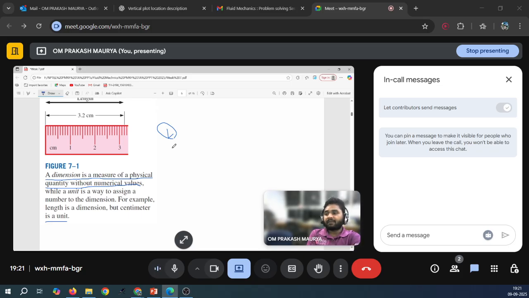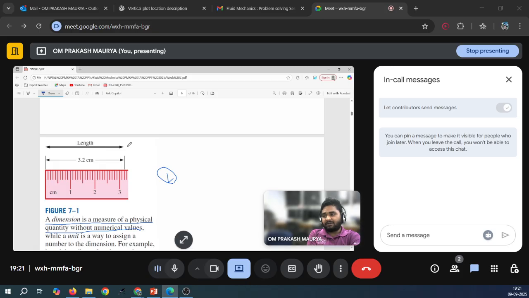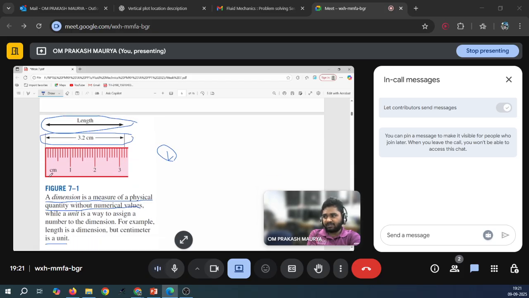To express it quantitatively, how will you tell how much the length is? Using centimeter or meter you can tell very clearly, yes, this is this much length. So, for example, length is the dimension and 3.2 centimeter is the length of this scale.